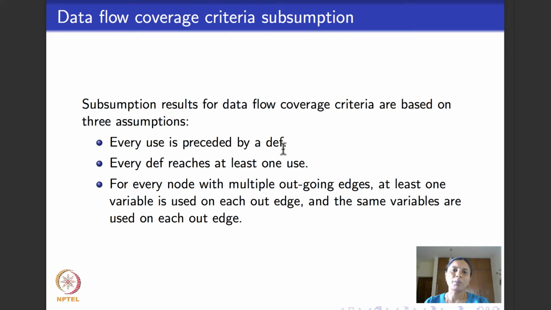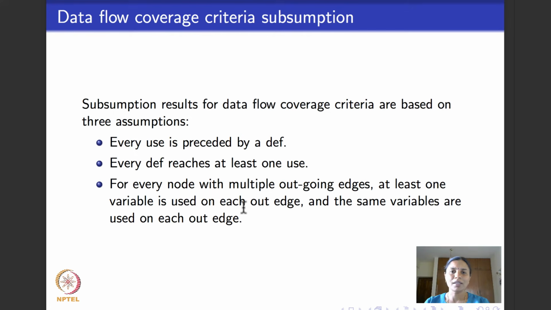The second assumption that we make is that every definition reaches at least one use. This may not be found by a compiler, but elementary static program analysis tools will be able to find this. It basically says that there are no variables that are defined and never used in the program. So every variable that is defined is used at some place in the program.